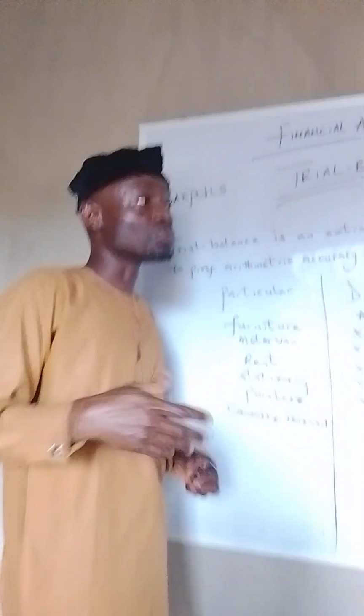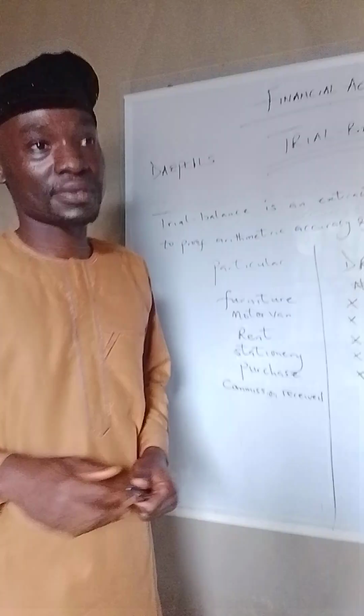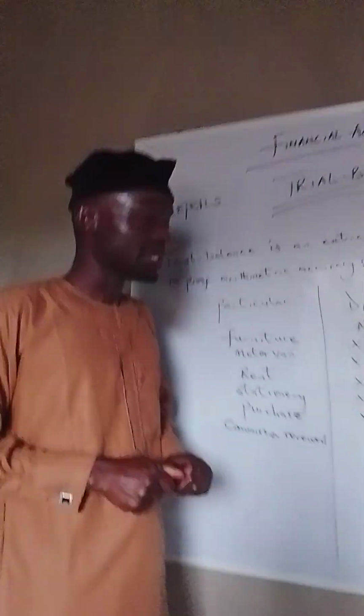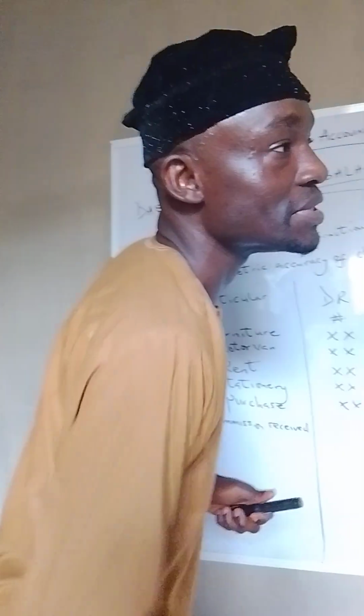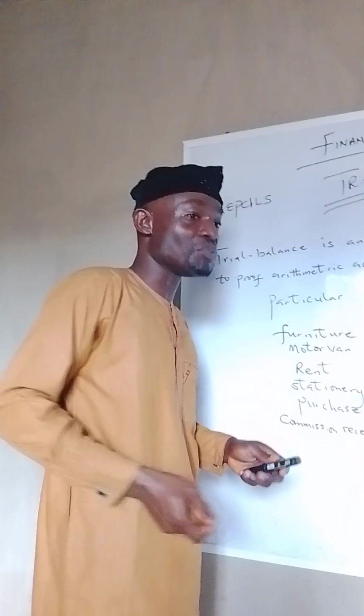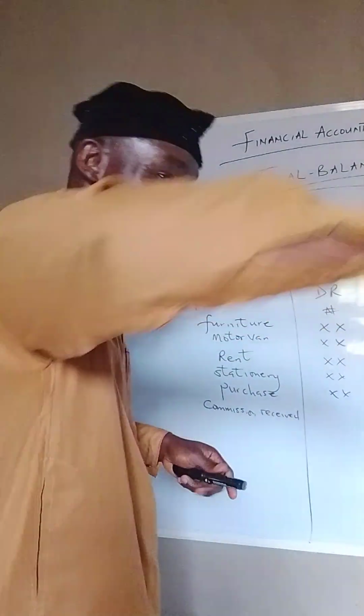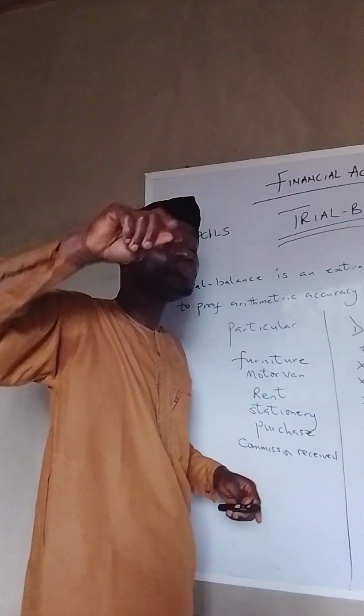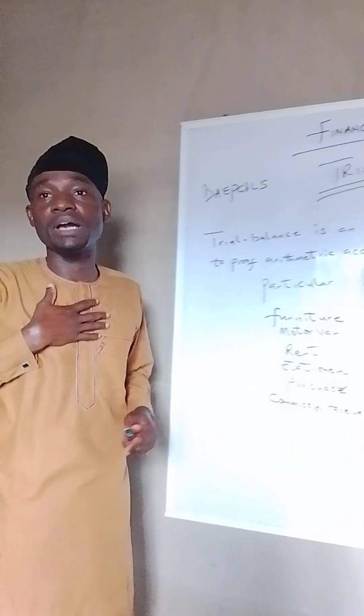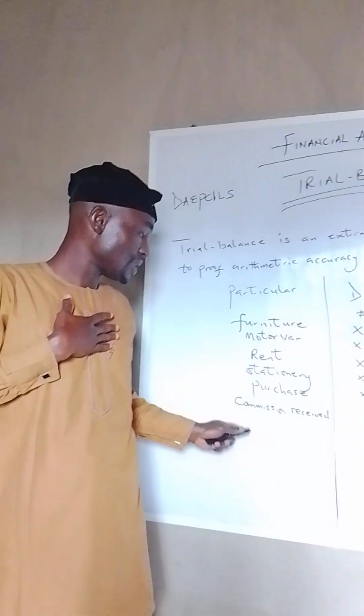That person sold, let's say, 20 copies, so I have to give the person the reward for selling those 20 copies. The money given to that person for selling 20 copies of the textbook on my behalf, that's a commission. That's why we say commission receipt is an income.